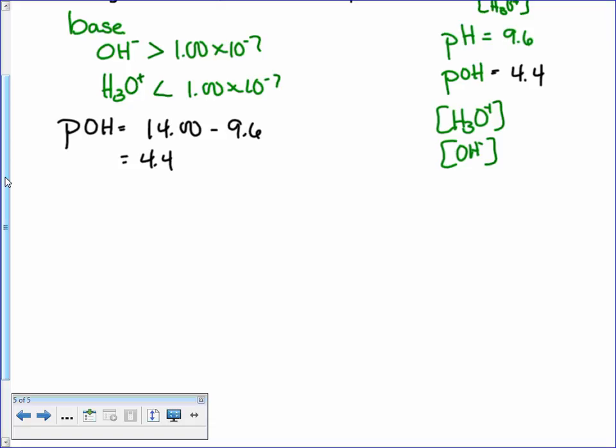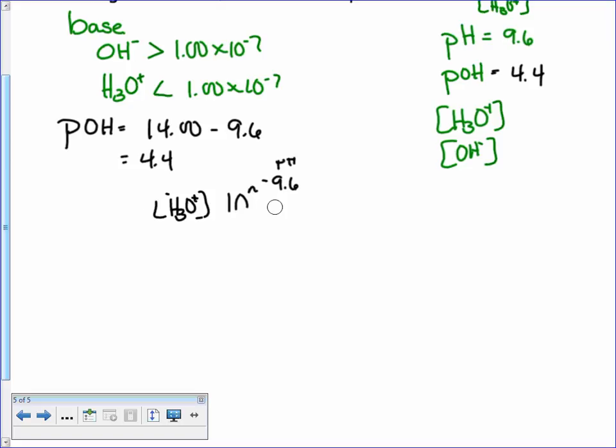So if you're given the pH of 9.6, you're going to do the exponential form of the logarithm. So you're going to do 10 raised to the negative 9.6, because we did the opposite of the logarithm. We did the negative log. So if you look on your calculator, you'll find your logarithm button next to the left of the 7. And then above that, for your second function, you'll see 10 raised to the x. So if we want to know if this is the pH, that can give us hydronium concentration.